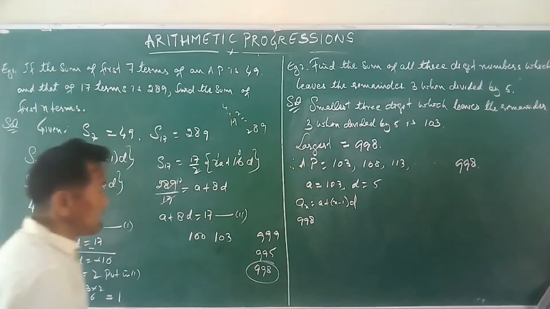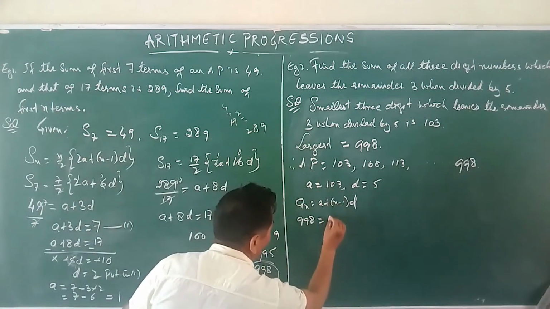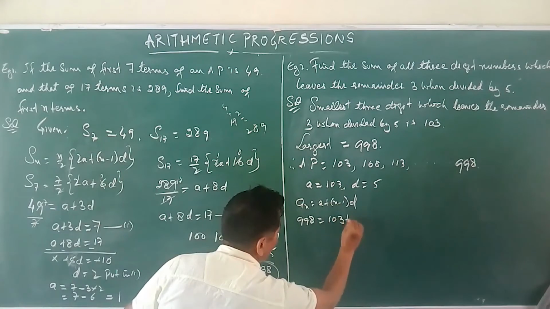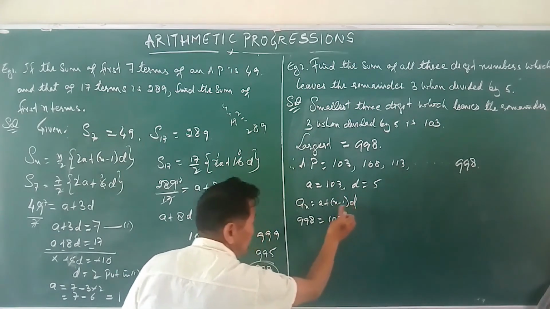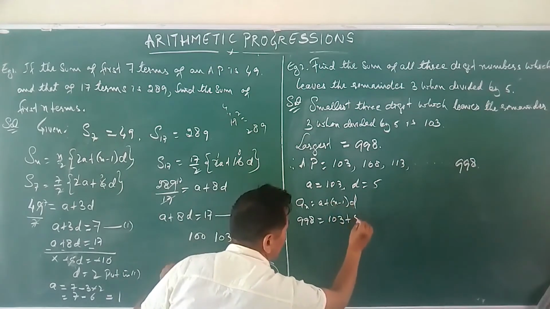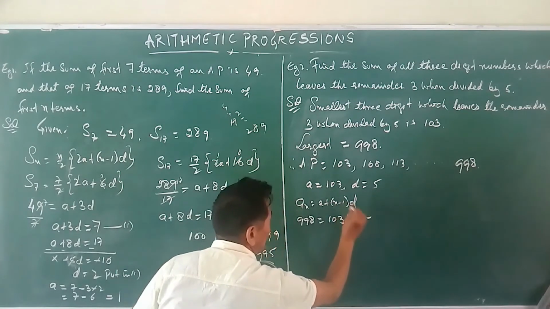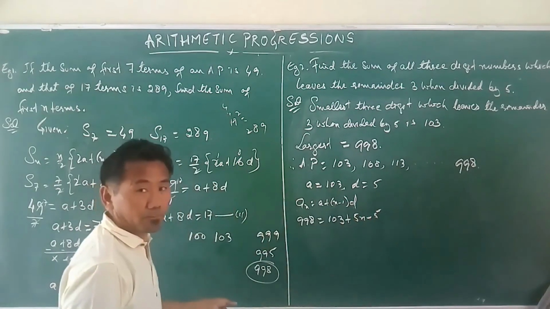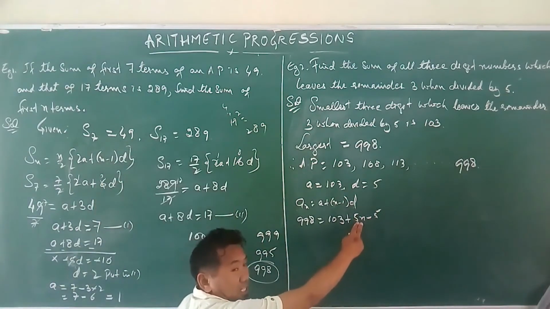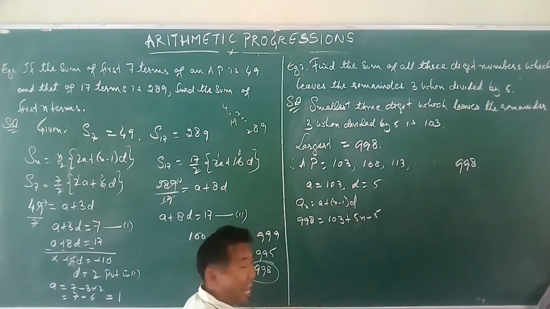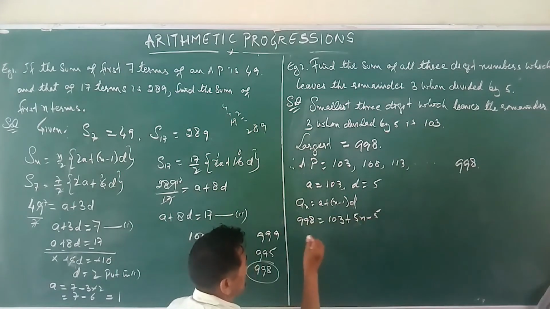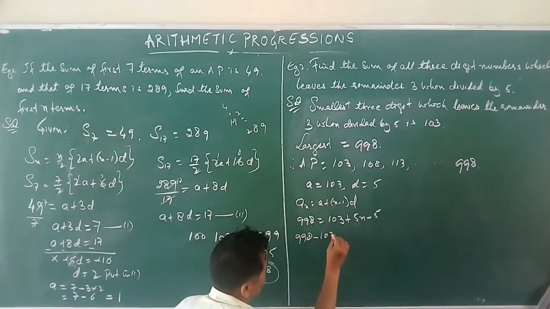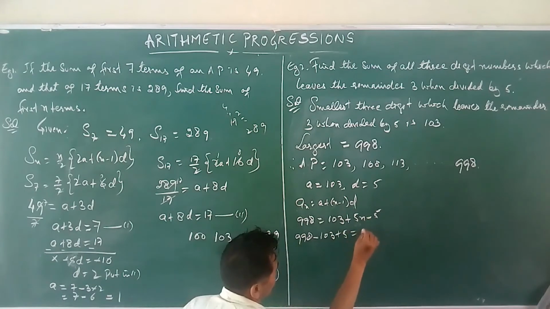So 998 equals 103 plus (n minus 1) into 5, which is 5n minus 5. So 998 minus 103 plus 5 is equal to 5n.